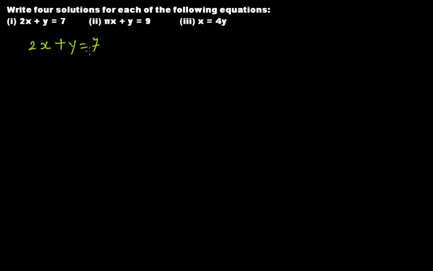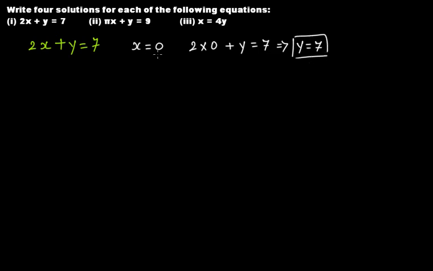So 2x plus y is equal to 7 and we have to find 4 solutions. Let's take x equal to 0. When you take x equal to 0, this becomes 2 multiplied by 0 plus y is equal to 7. From here you get y equal to 7.